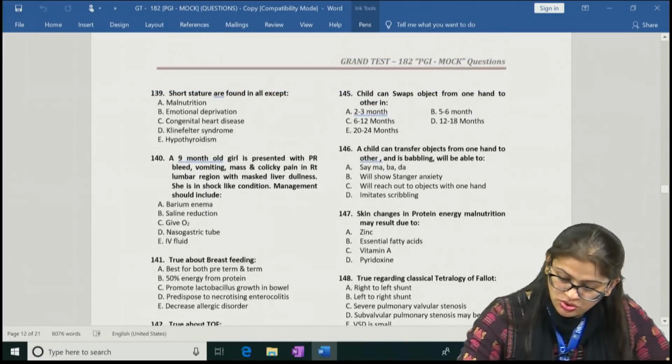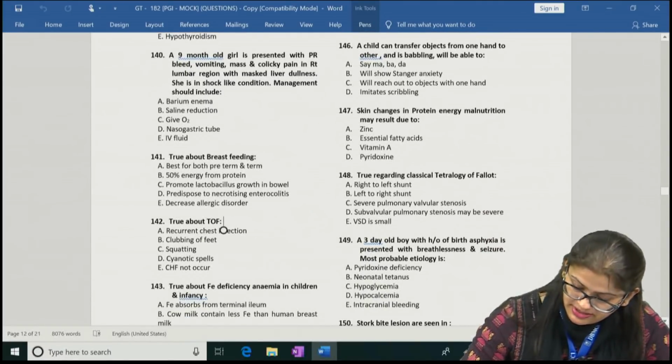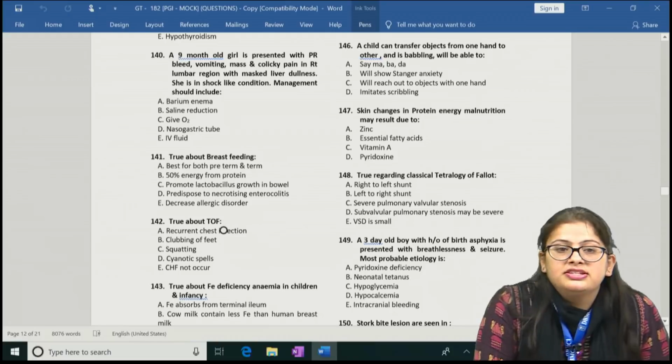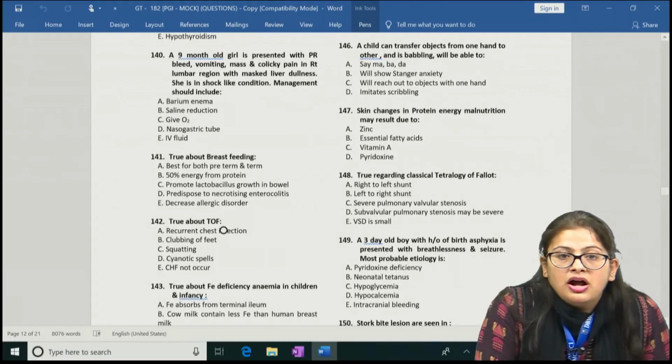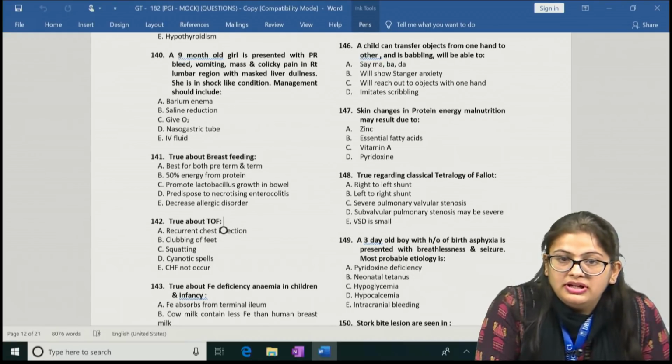So now we come on to question number 146. Question number 146 talks about a child who can transfer objects from one hand to another, and is babbling, will be able to say ma, ba, da, these are monosyllables, will show stranger anxiety, will reach out to objects with one hand, and imitates scribbling.